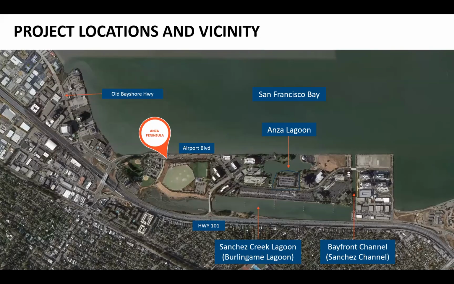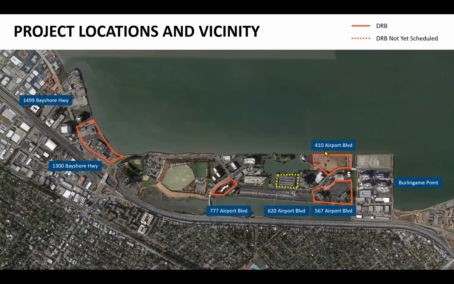This slide, project location and vicinity, shows the major land and water features in the vicinity of the project. The project site sits in a prominent position relative to the nearby Anza Lagoon. And beyond the lagoon, of course, you can see the San Francisco Bay Area. On this slide, we've identified the site itself in this yellow area.